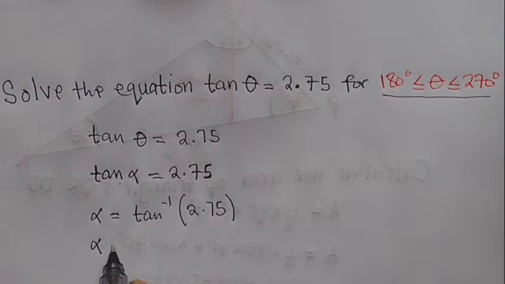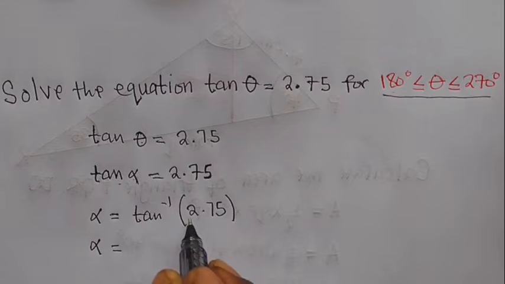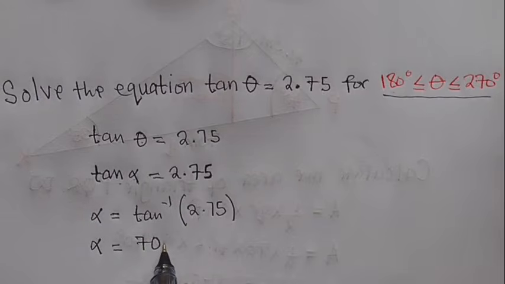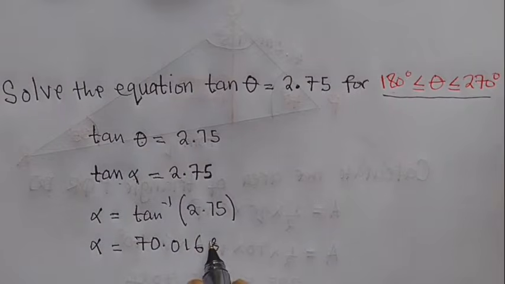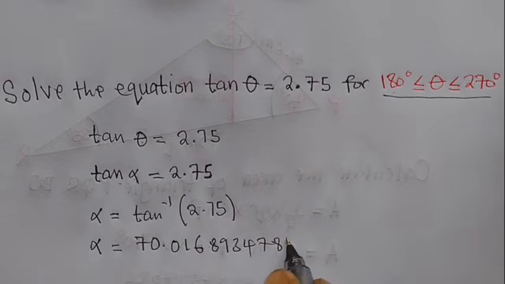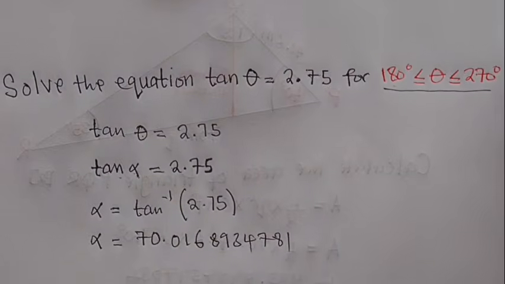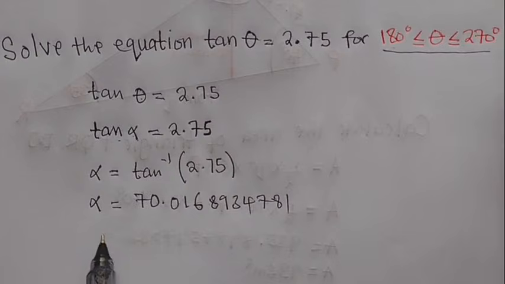So alpha is equal to, when you press on the calculator shift tan inverse of 2.75, it's giving us 70.0168934781. So remember, we need to leave this answer because alpha is representing an angle.